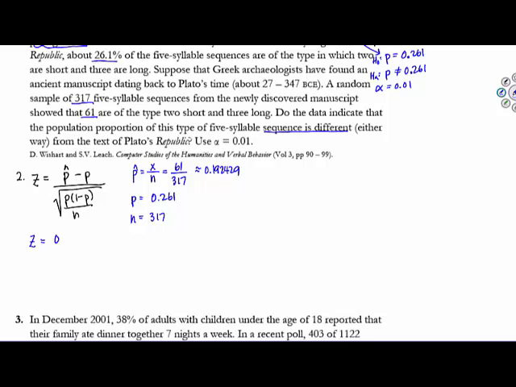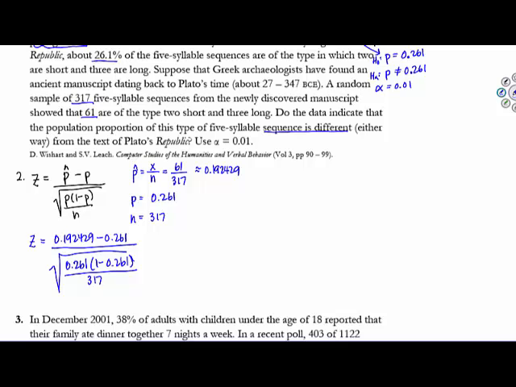Z equals 0.192429 minus 0.261 divided by the square root of 0.261 times 1 minus 0.261 divided by 317.